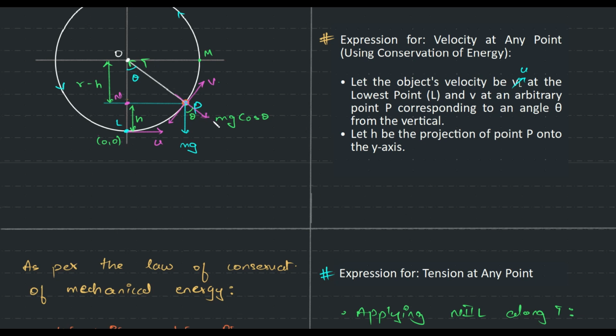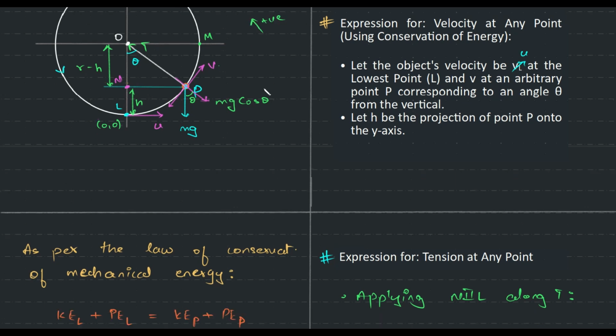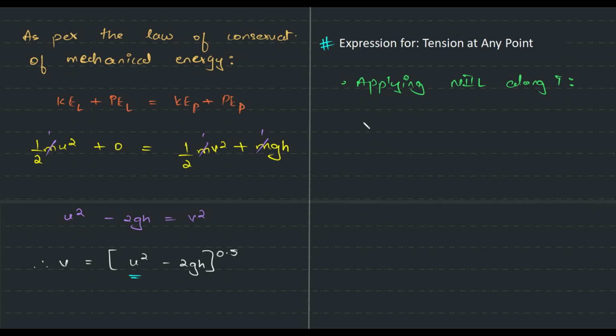So T minus mg cos theta should be equal to m into a. If I take this direction as positive, we have T minus mg cos theta is equal to m into a.